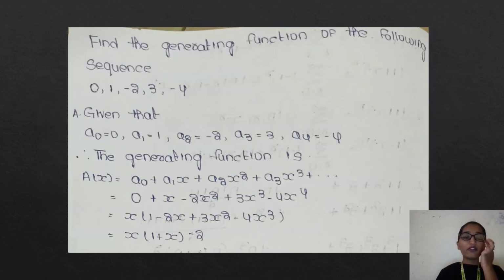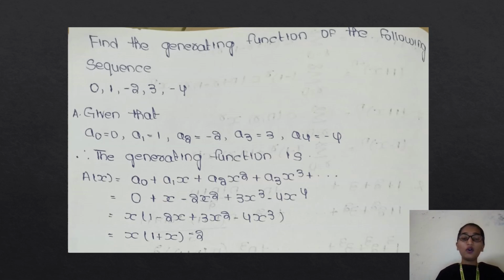Find the generating function of the following sequence 0, 1, minus 2, 3 and minus 4, given a0 is equal to 0, a1 is equal to 1, a2 is equal to minus 2, a3 is equal to 3, a4 is equal to minus 4. Therefore, the generating function is A of x is equal to a0 plus a1 x plus a2 x square plus a3 x cube plus and so on.